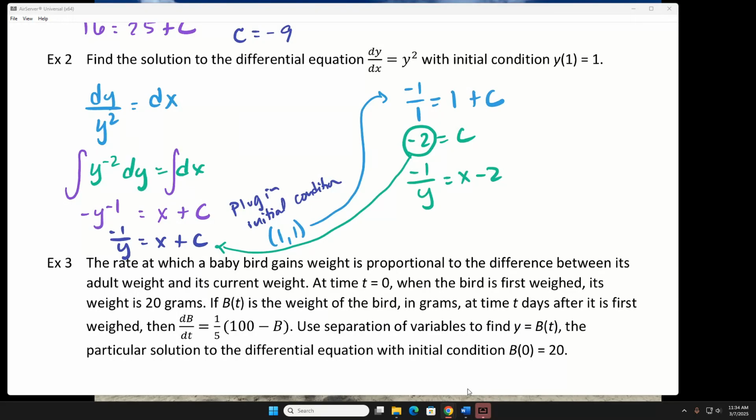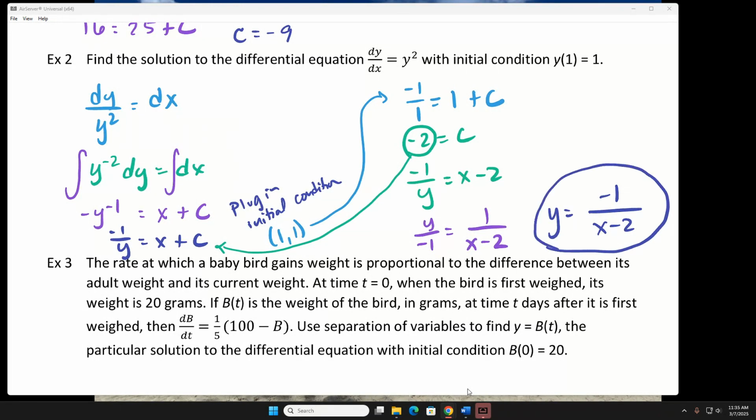So I'm gonna just flip it over. So if negative 1 over y is equal to this, then I can do the reciprocal of each side. And then multiply by that negative 1, and y should be negative 1 over x minus 2.